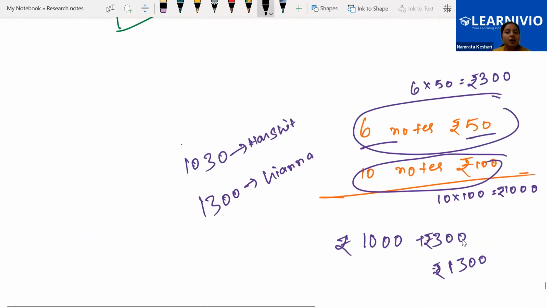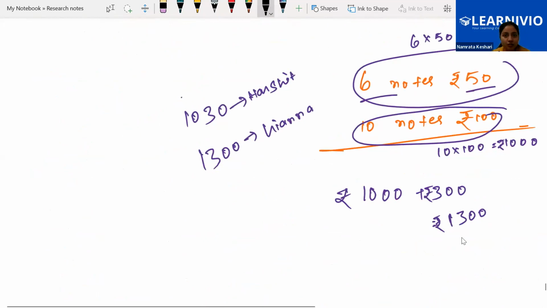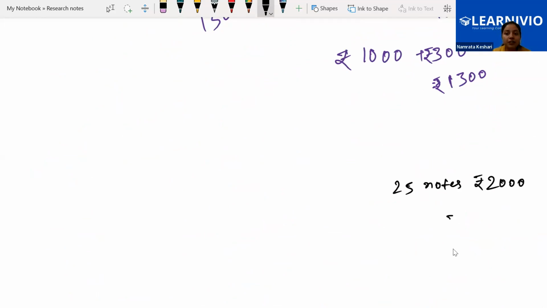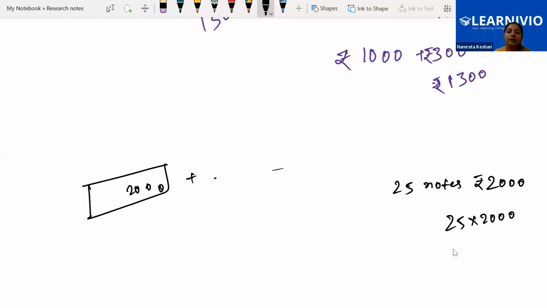This is how we always do the calculation. This is how in banks also they do the calculation: if we have 25 notes of rupees 2000, the total amount will be 25 into 2000. On each note 2000 is written, and 25 notes are there, that's why we are doing the multiplication.